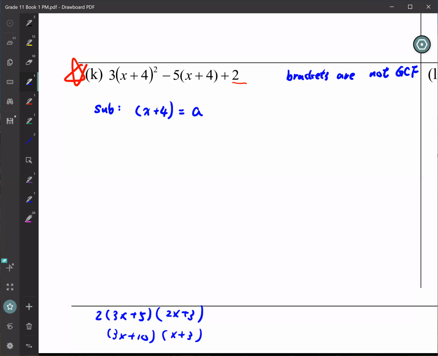Harry, how about you? Bracket 3x plus 10, bracket x plus 3. Oh, okay, so matches the second one.